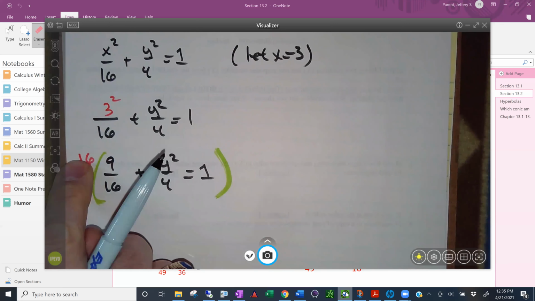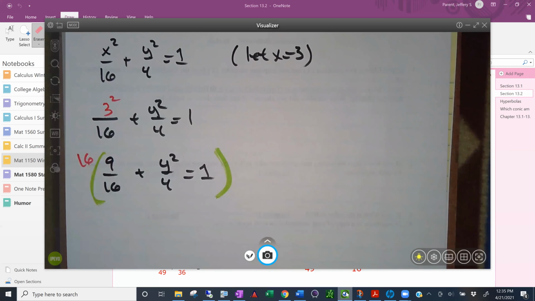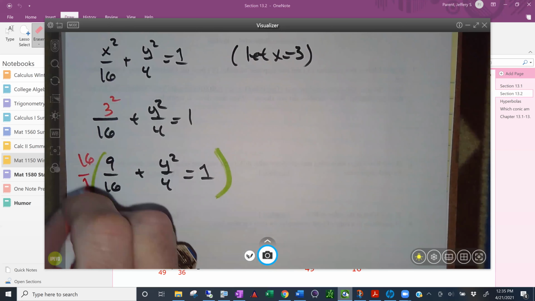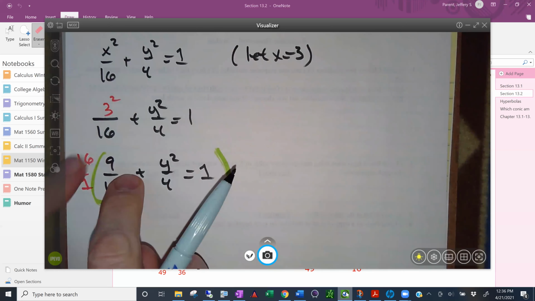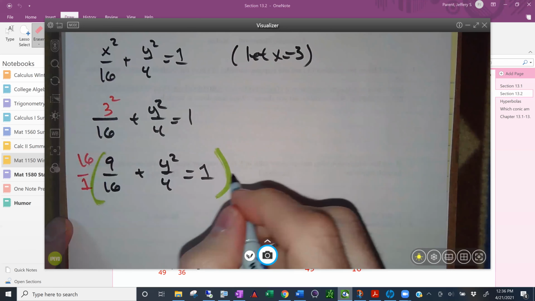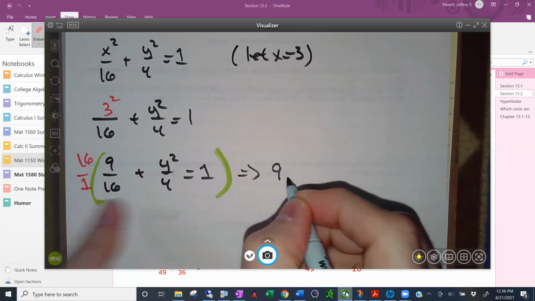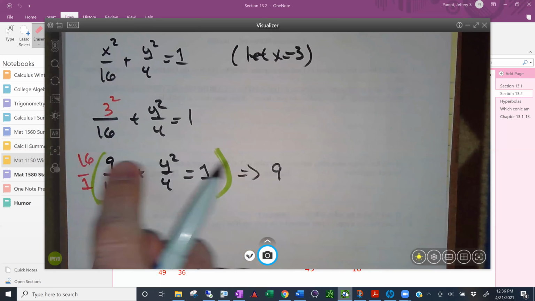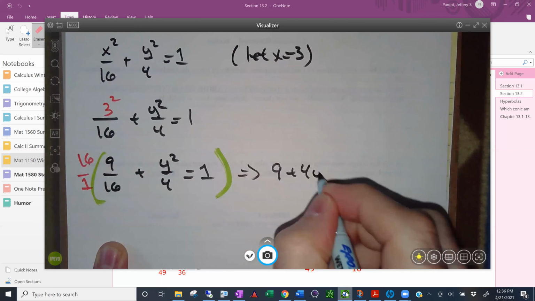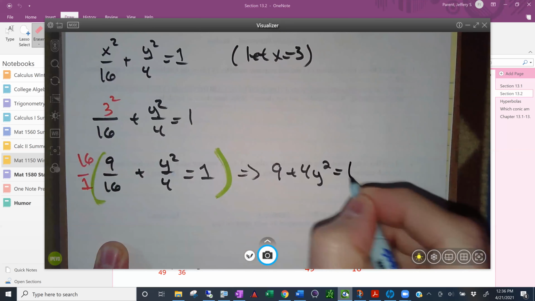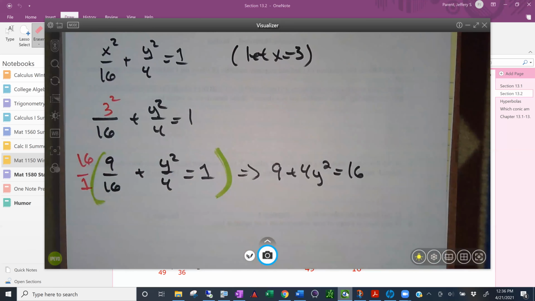So 16 times 9 over 16. In fact, if it makes you more comfortable, you can think of it as 16 over 1. 16 times 9 over 16, those are going to cancel. I'll get 9. 16 times this, the 4s will cancel, leaves me with 4y squared. And 16 times the right-hand side gives me 16.